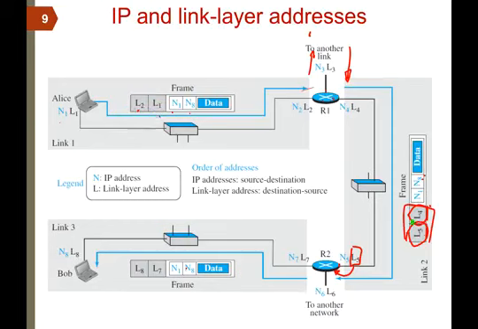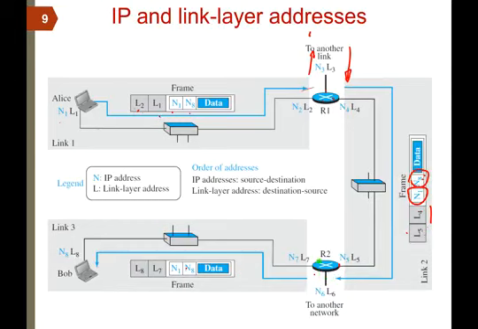In the data link layer, we just deal with these addresses, not the network layer addresses. Now the source is L4, the destination is L5, and the IP addresses of the source and destination are the same.